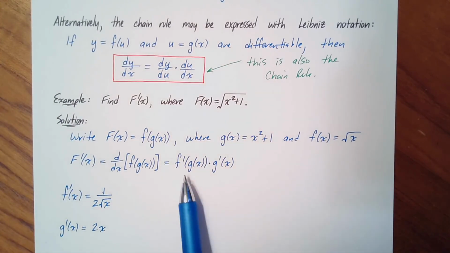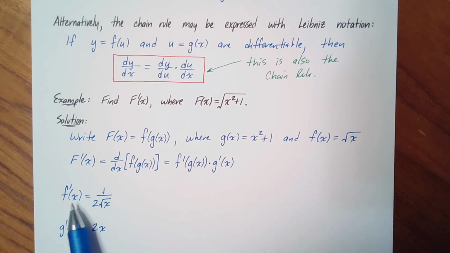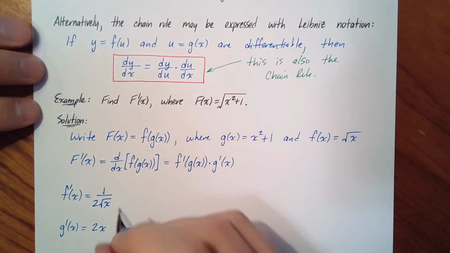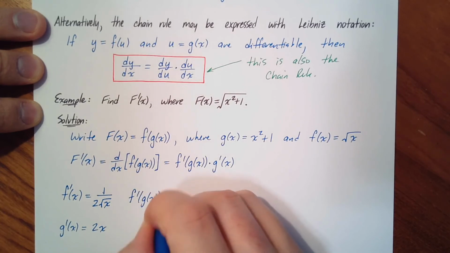But in our answer over here, remember, we don't want f prime of x as our answer. We want f prime of g of x. So that's no problem. All we have to do is just take g of x and plug it in here, right? Plug g of x in here, and that will be f prime of g of x. So we want f prime of g of x.